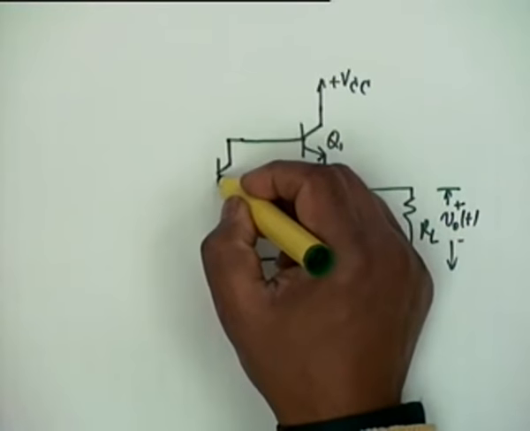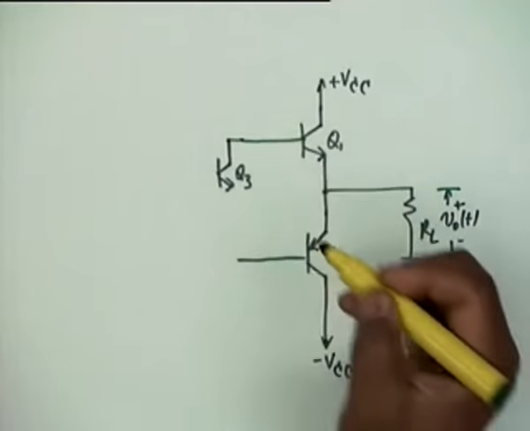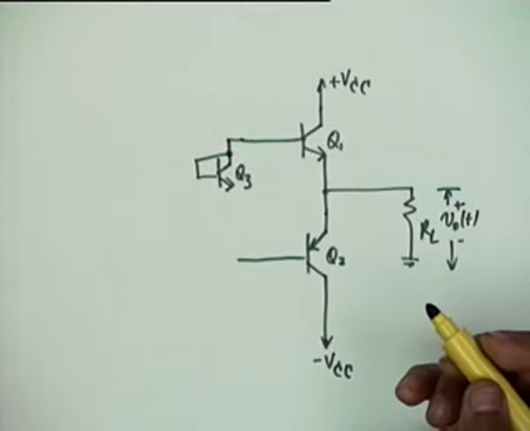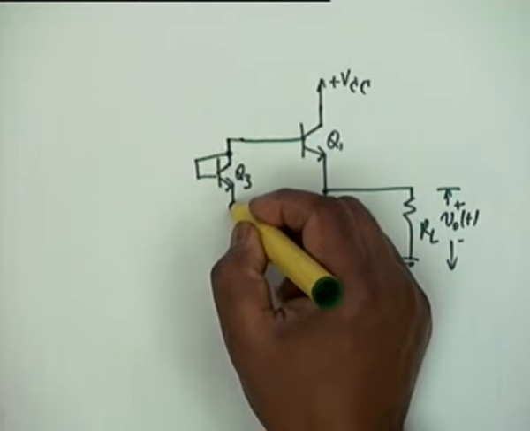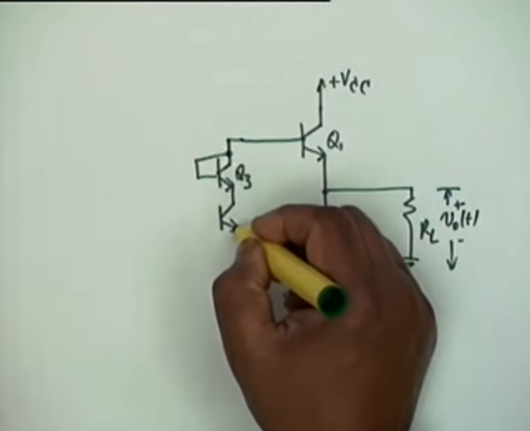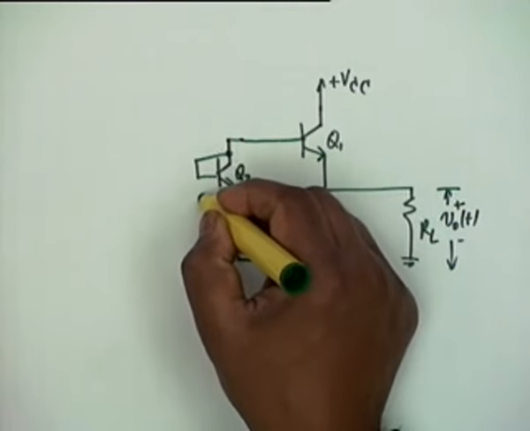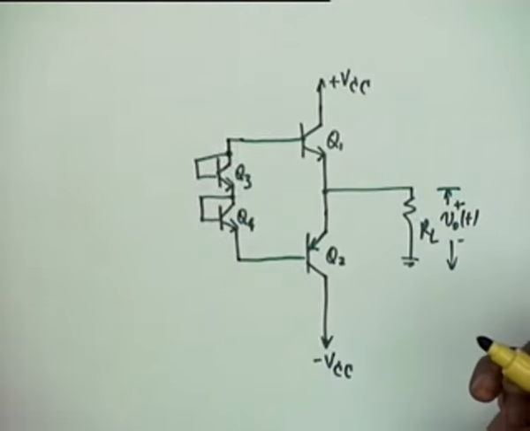So, what we do is we have a Q3 which is connected as a diode, and we have a Q4 which is also connected as a diode. These are both NPN.